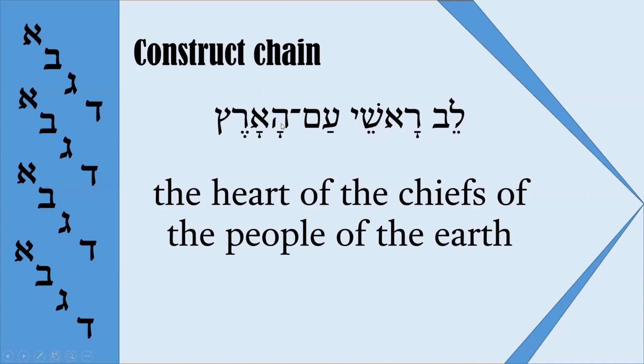The only place where we can put article is Arets or Erets, because it is in absolute form. It is the last word of the construct chain. So that is why, and the entire phrase is now definite because of this article. So that is why we translate it as definite, the heart of the chiefs of the people of the earth. Because everything is definite in this case.